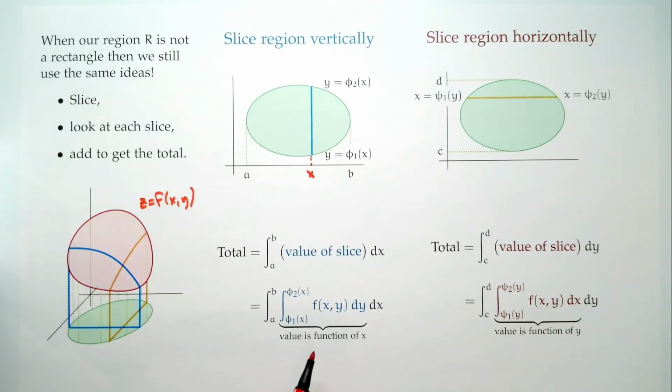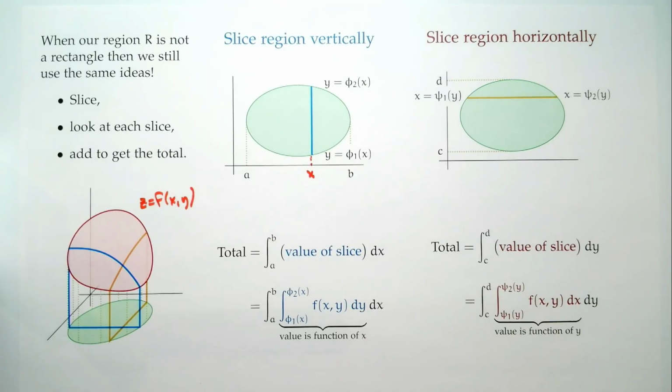And there's a note which says, look, if you integrate this, what happens? Well, you're integrating out with respect to y. Once you integrate with respect to y, and then you evaluate between phi1 of x and phi2 of x, what's left is going to be just a function only of x. Each time that we do a layer, we're going to eliminate one variable.